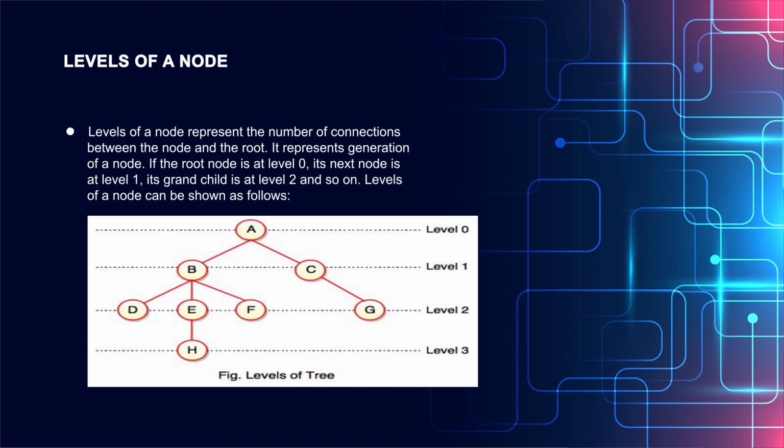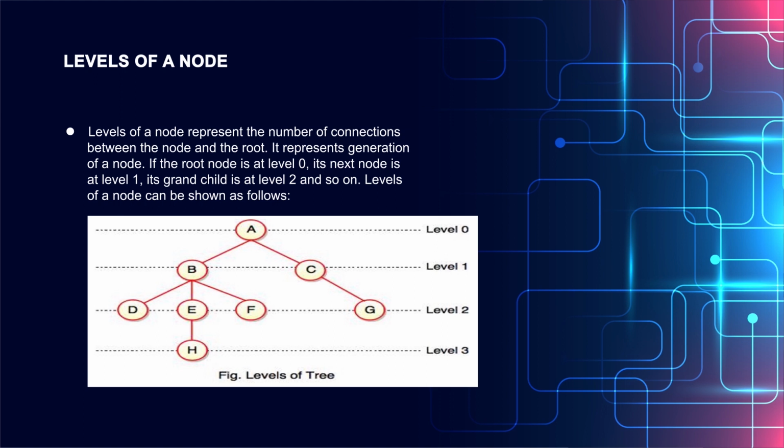D, E, F are the children of B and G is the child of C, but all of D, E, F and G are grandchildren of node A. That is why D, E, F, G are situated at level number 2.